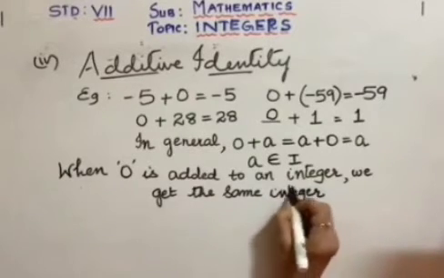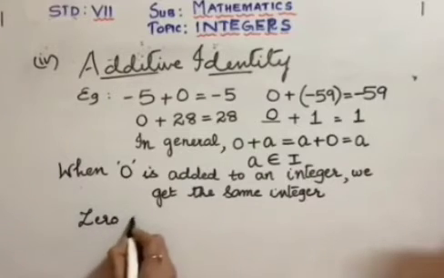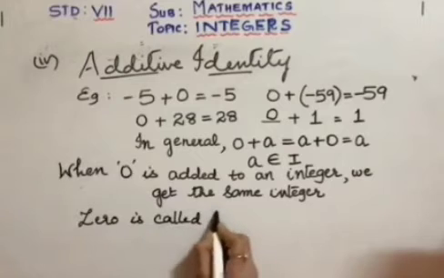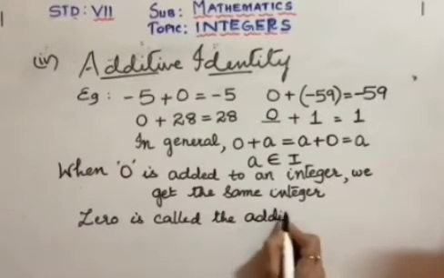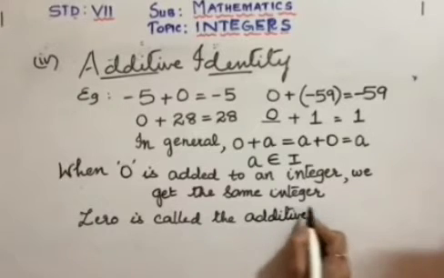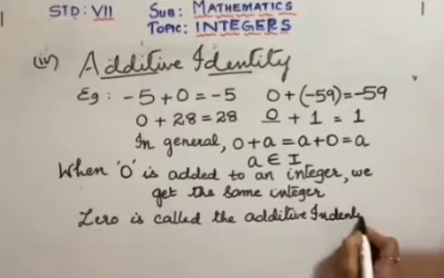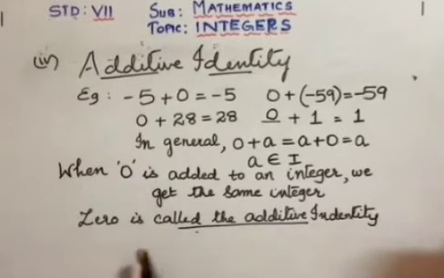So 0 is called the additive identity. If I ask you, children, which is the additive identity of integers, you will say it is 0.